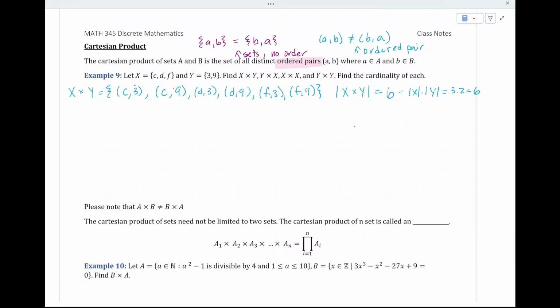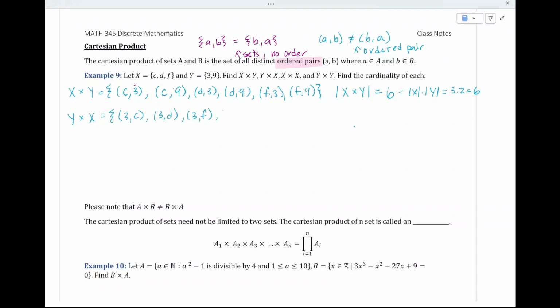Let's try Y cross X and see if that's the same as X cross Y. If you're looking below, you're thinking that it's not the same. So in Y cross X, I want all the ordered pairs, but this time the first element has to be something from Y. That's the 3 or the 9. And the second element is something from X. So we'll start with (3, C), and then (3, D), and then (3, F).